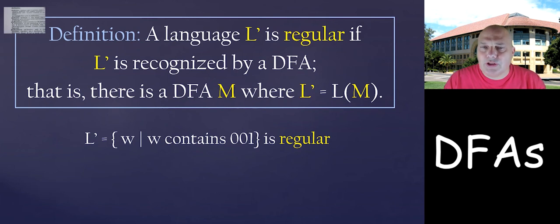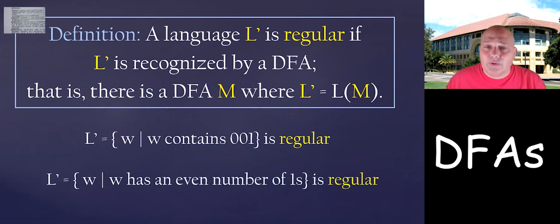So L prime, which is all the strings that contain 001, is regular. We just built a DFA to recognize it. And the languages of all W's that have even number of ones or odd number of ones are regular as well. So these are the examples we have so far of regular languages. And we are going to see much more about these regular languages in the next video.